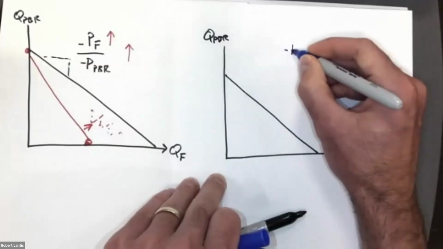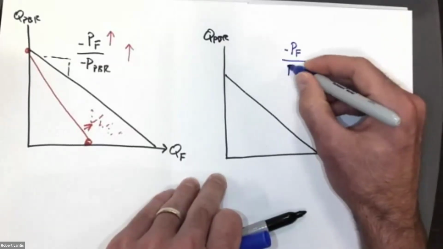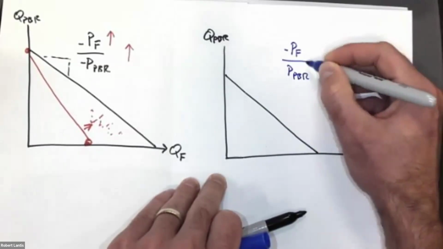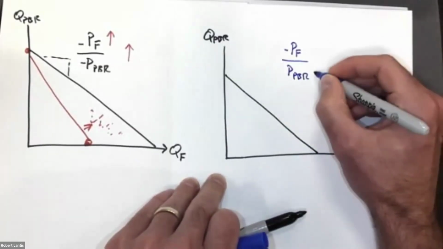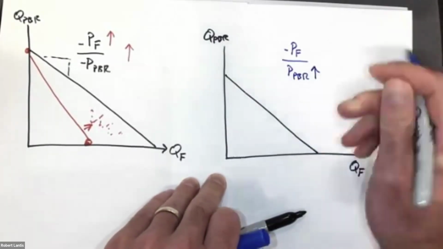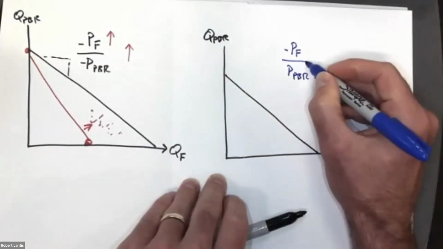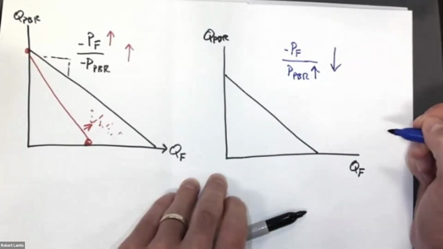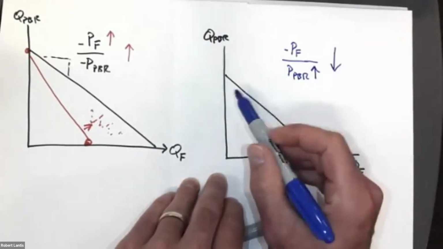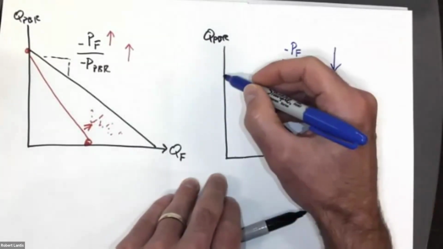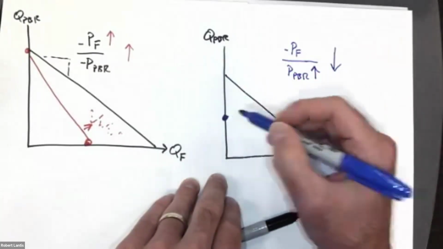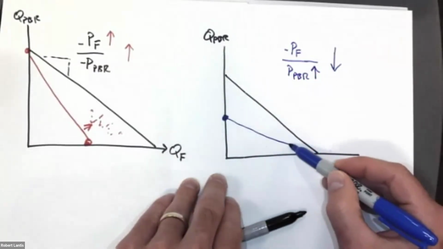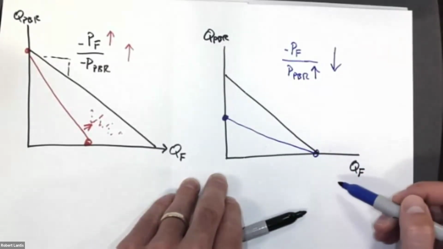Let's say my slope is those relative prices of good X to good Y. Let's say the price of PBR goes up. What should be happening to my slope? Well, if the denominator is larger, it should be going down. In fact, if I'm only buying PBR and the price is now higher, I can buy less. If I'm only buying flannel shirts, same amount.